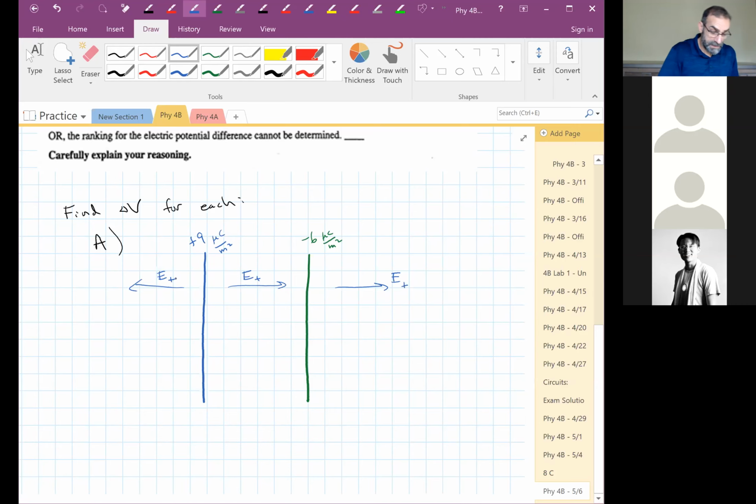From the negative charge, it points toward the negative charge, right?